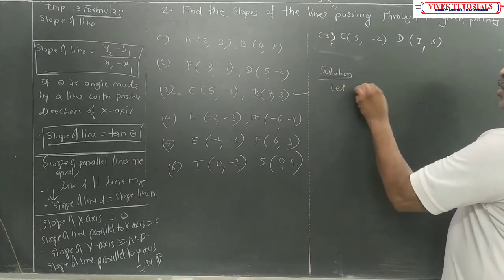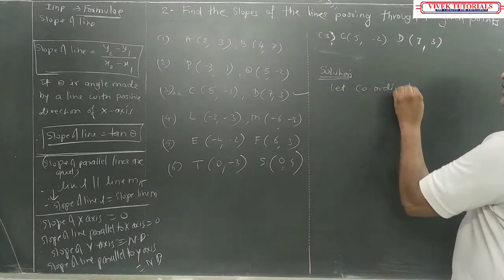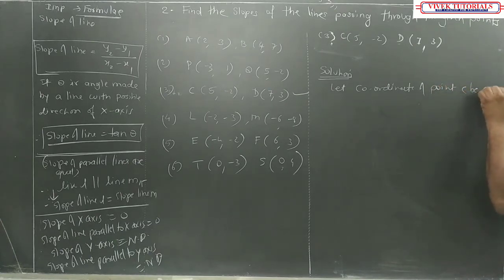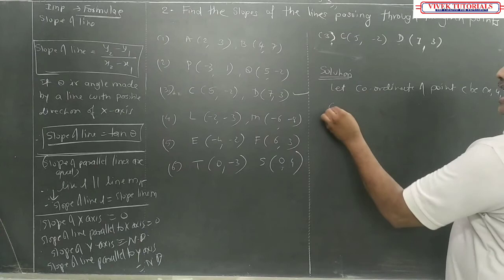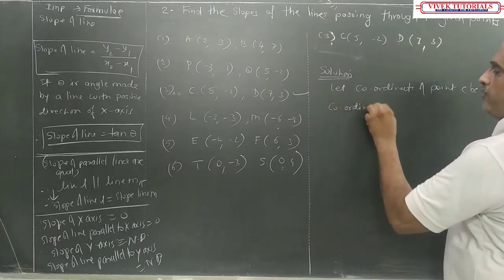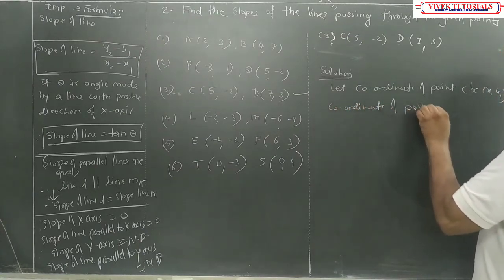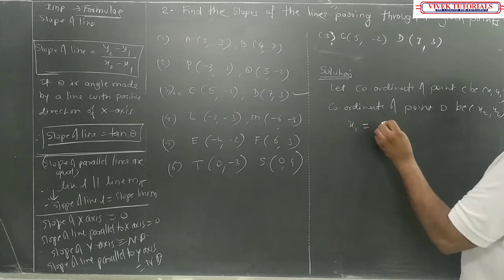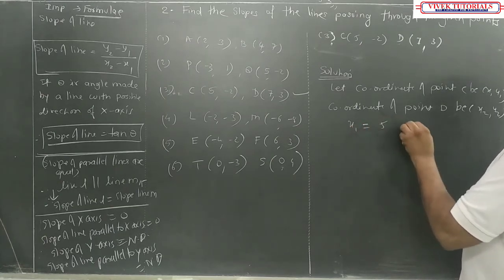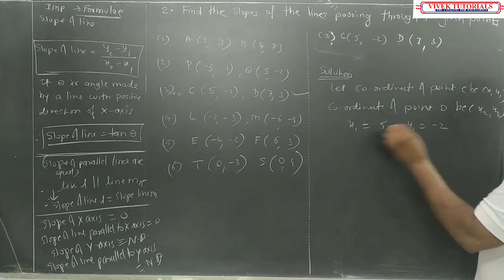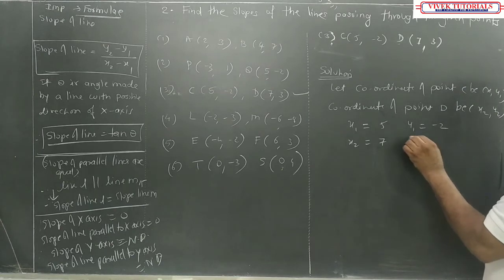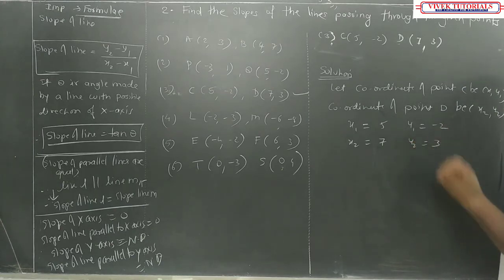Now let the coordinates of point C be (x1, y1) and point D be (x2, y2). Your x1 is 5, y1 is -2, x2 is 7, y2 is 3.